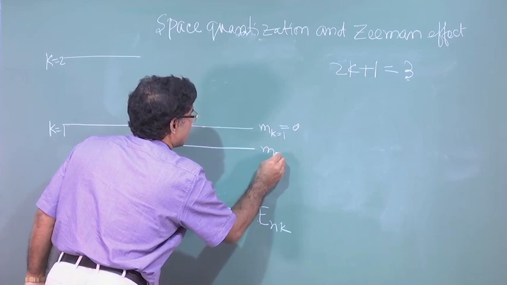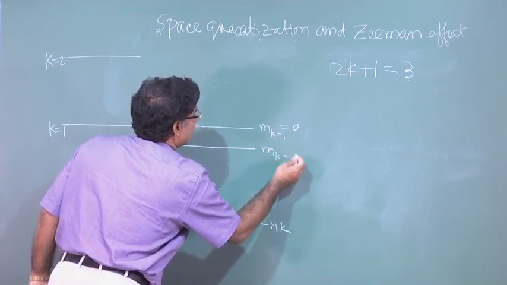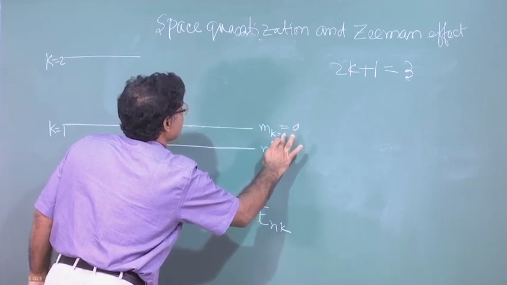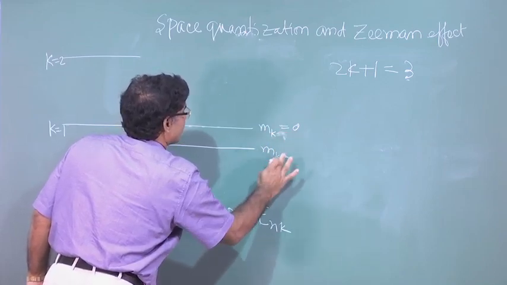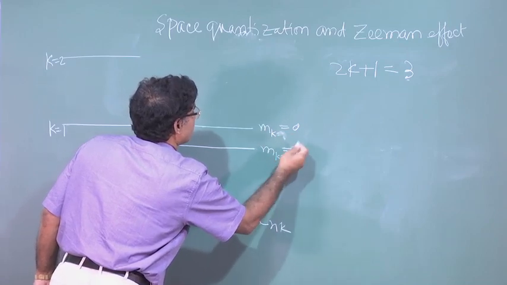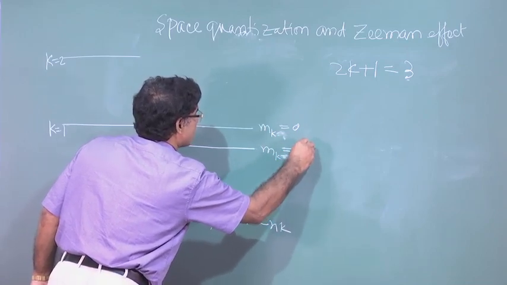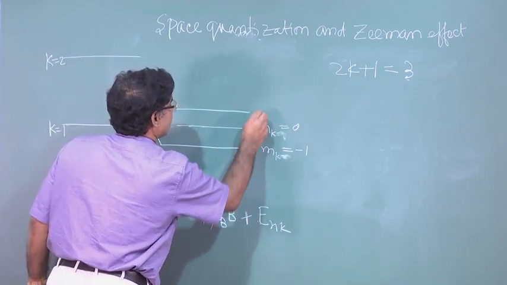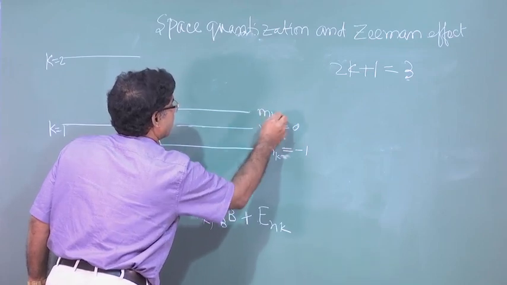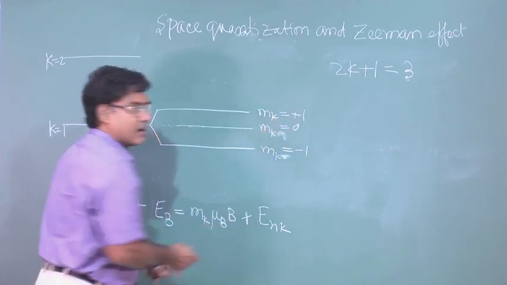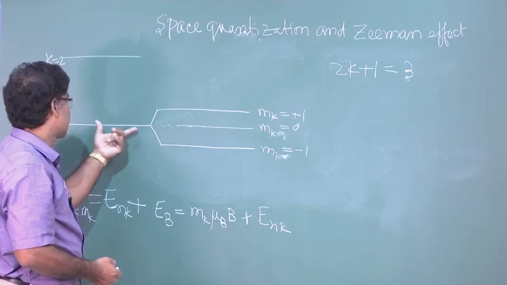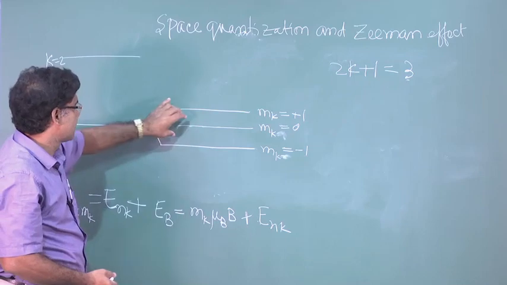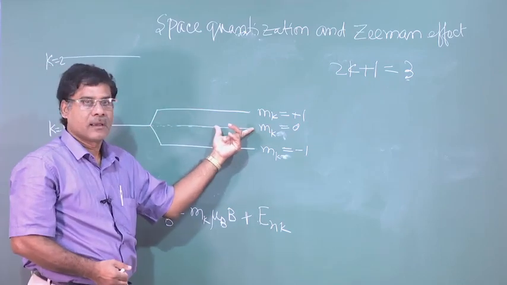So this is m k equal to 0, m k equal to minus 1, and another splitting of this energy line, which will be plus 1. So this k equal to 1 energy level in the presence of a magnetic field is split into 3 lines: one is the original and 2 more lines.